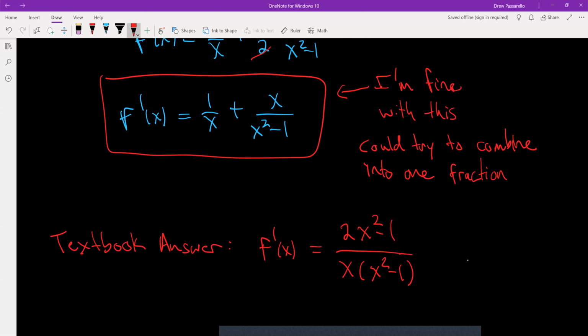All right, and that's because they use the x times x squared minus 1 as the common denominator, and they changed both fractions so that it reflects that new denominator. All right, so I'll leave that up to you to get that part as far as rewriting that to that textbook answer if you wanted to do that. But for our purposes, I'm fine with just 1 over x plus x over x squared minus 1.